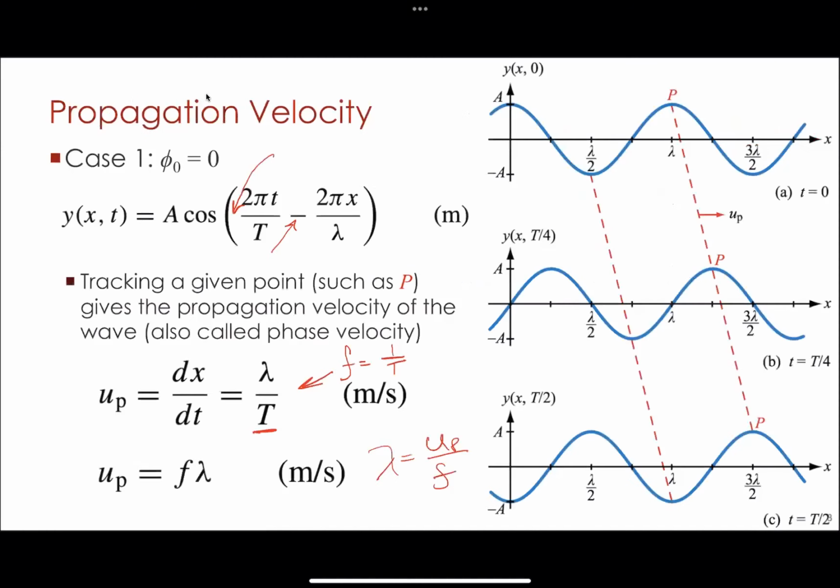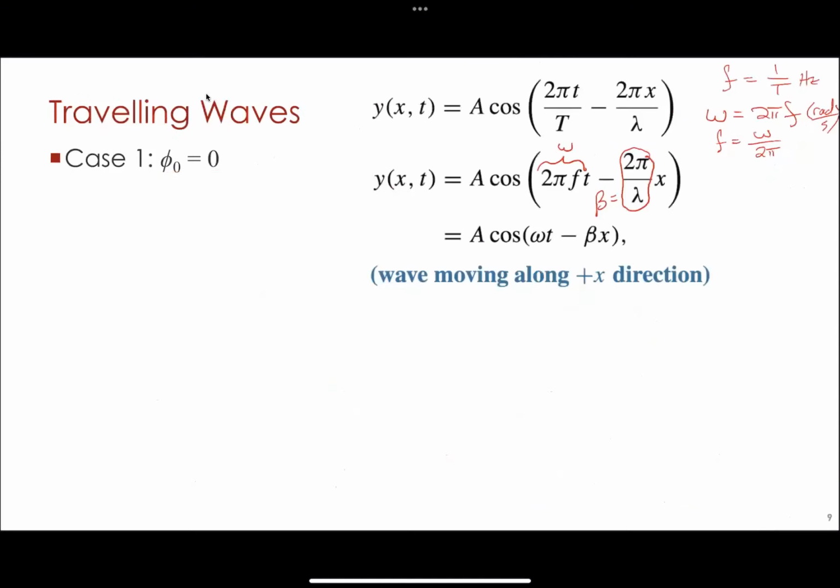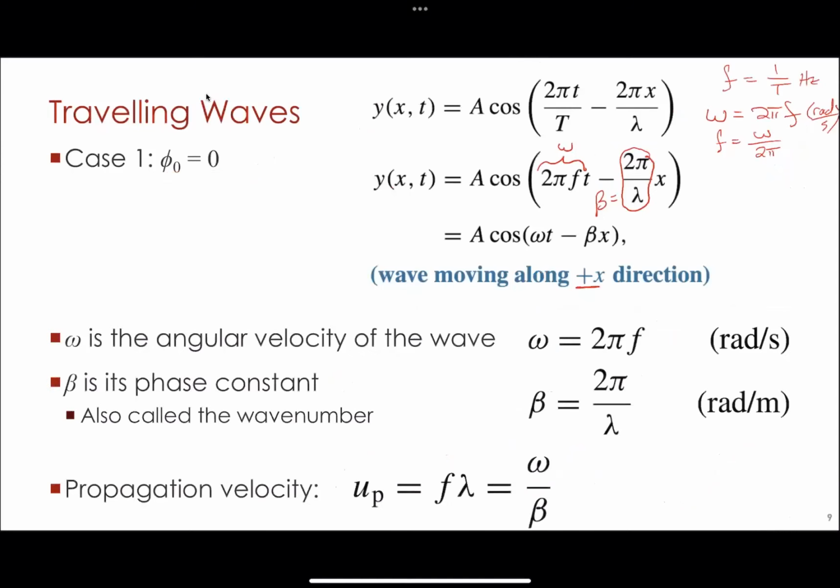When we tracked our position here, boom, boom, we are moving to the right, which is moving in the positive x direction. So we found that this equation means the wave is moving in the positive x direction. Okay. We're going to see what it looks like when it's moving in the negative x direction in a second.